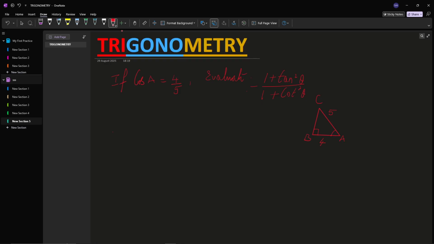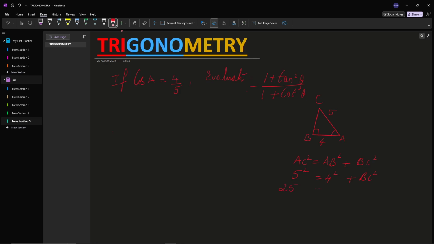Now we don't know one of the sides, that is BC is not known. So according to Pythagoras theorem, the formula is going to be what? Square on the hypotenuse, that is AC square, opposite of 90 degrees, is equal to the sum of the squares on the other two sides. Other two sides are AB square plus BC square. So AC is going to be 5 square, AB is 4 square plus BC, which we are finding out.